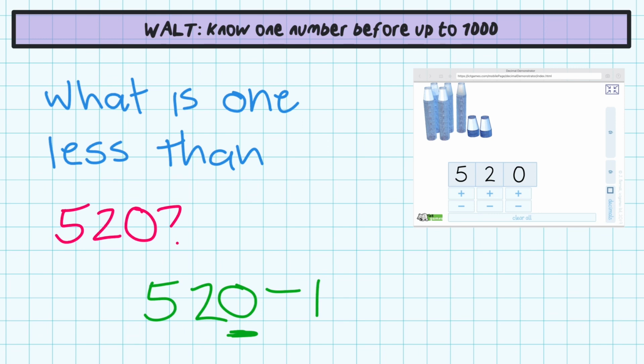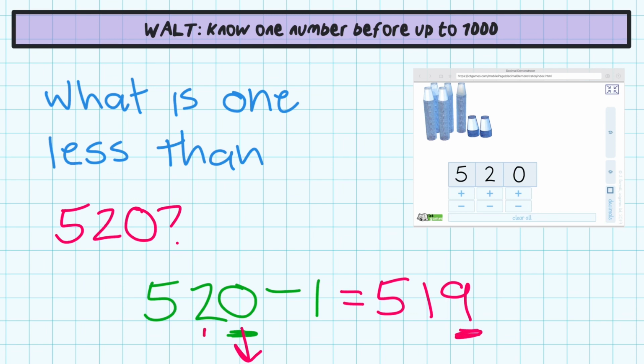And I always think with these ones, what is 1 less than 20? Because if we go 1 less than 20, we get the answer 19, right? And so 1 less than 520 is going to be 519.